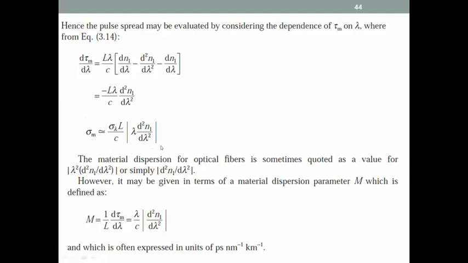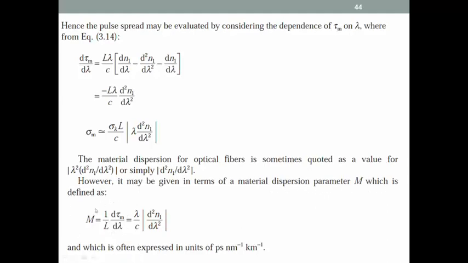Sometimes it is quoted that lambda square multiplied by the second order derivative of n1 with respect to lambda can be given by and written as M, so 1 by L d tau m by d lambda. So this is what I'm going to rewrite: lambda by C and the second order derivative, I'm going to leave it as it is. So M can be expressed as the material dispersion parameter.